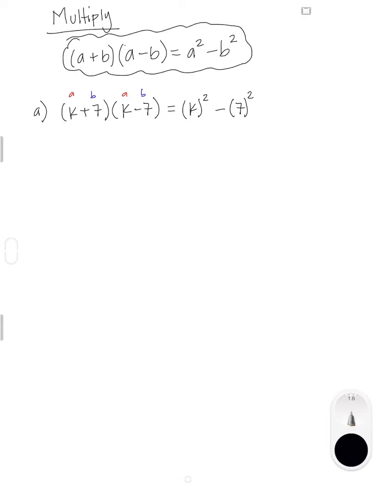Now let's do it the long way. I'm going to multiply k times k, and then k times negative 7, and then positive 7 times k, and then positive 7 times negative 7.